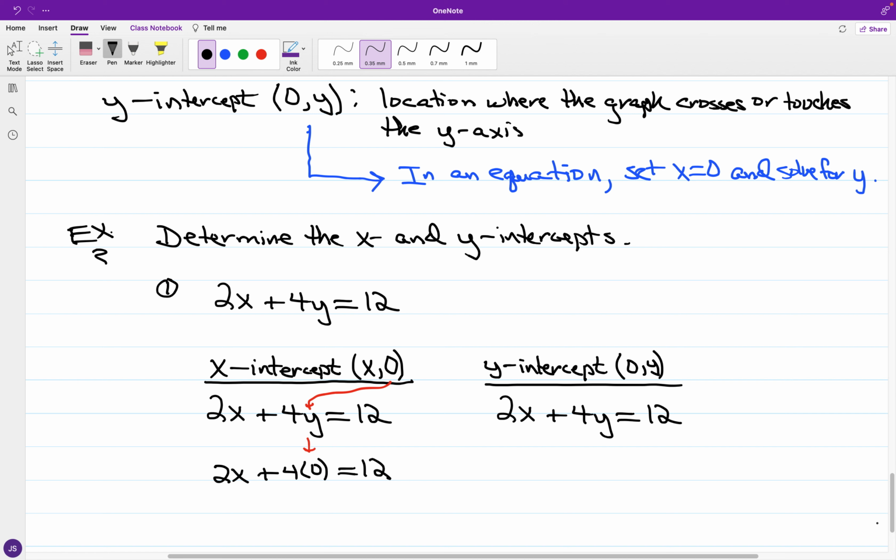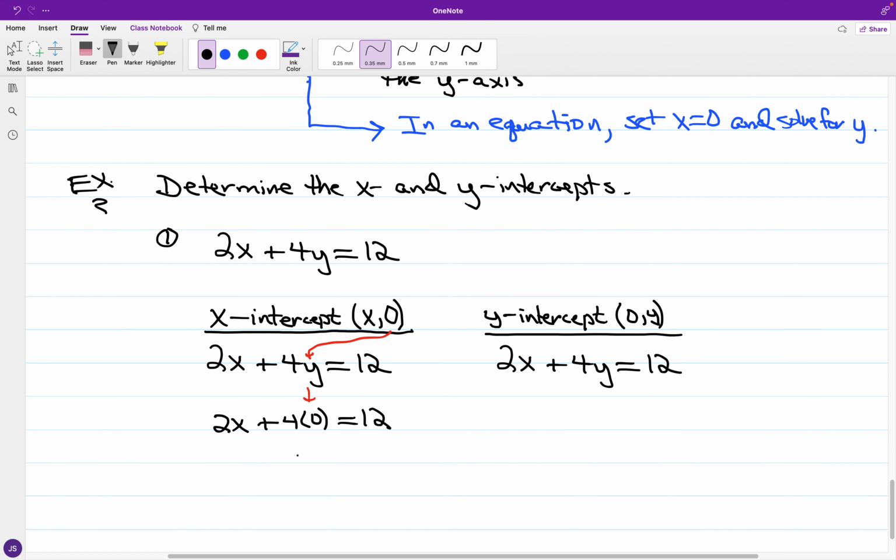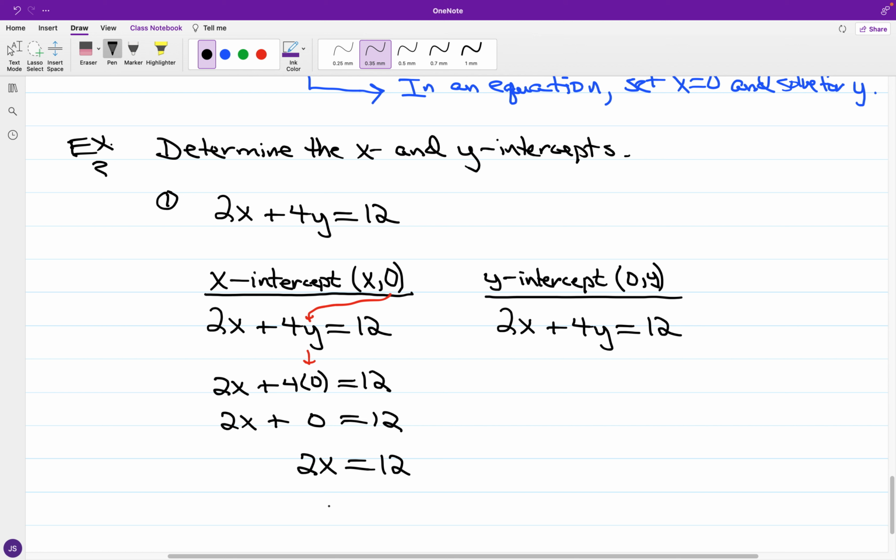Here we're going to have 4 times 0 is 0. And so the left-hand side you can write as 2x, and now we have 2x is equal to 12, and right away, with division by 2, we're going to have x is equal to 6.